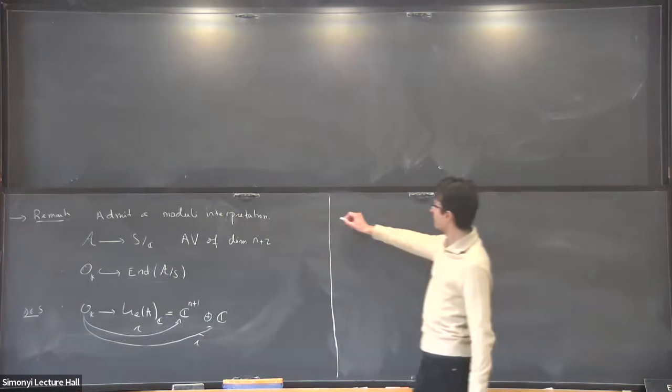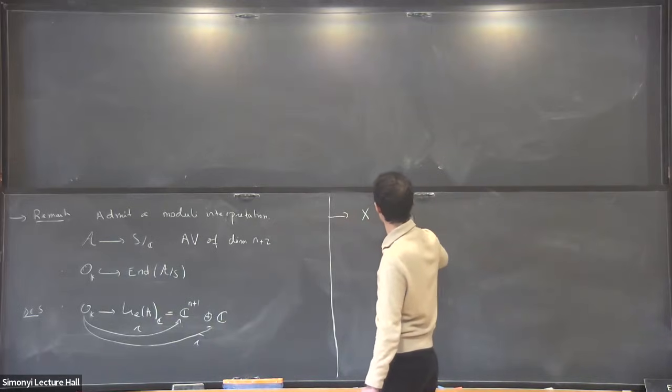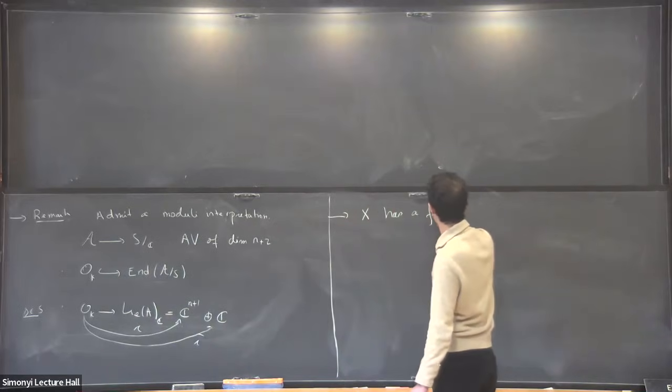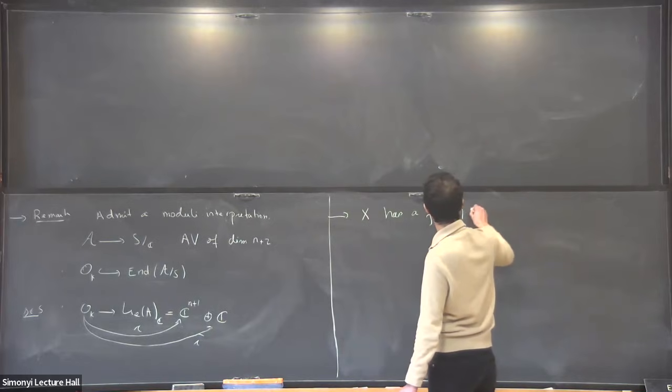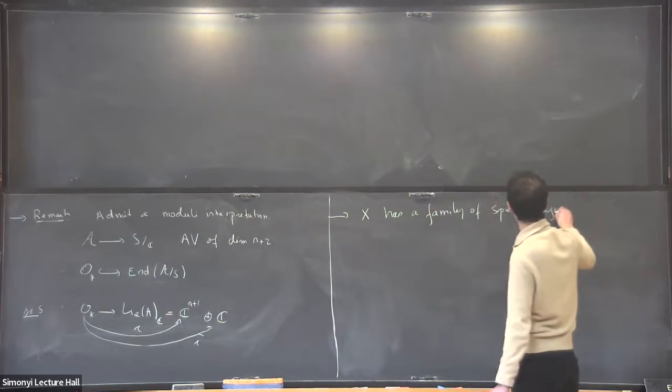Now, this unitary Shimura variety has a family of special cycles defined in every codimension in the following way.